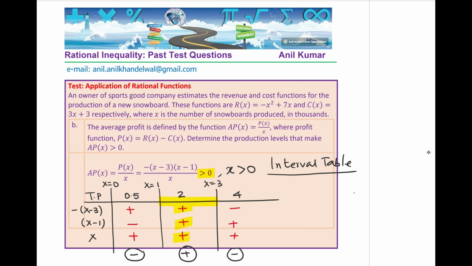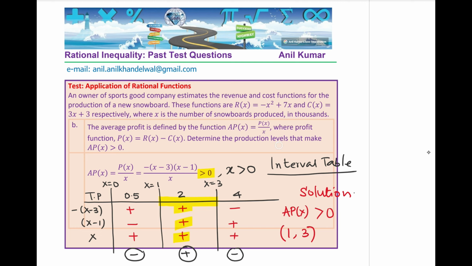You get the idea. So we can write down our solution: the average profit level is greater than 0 in the interval from 1 to 3. That means the production level is between 1000 and 3000, correct?